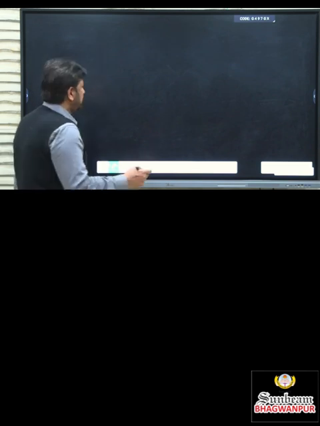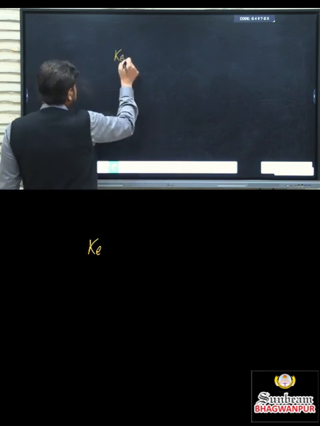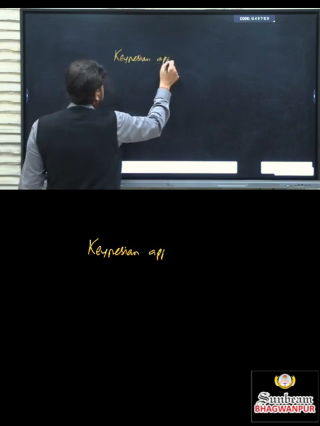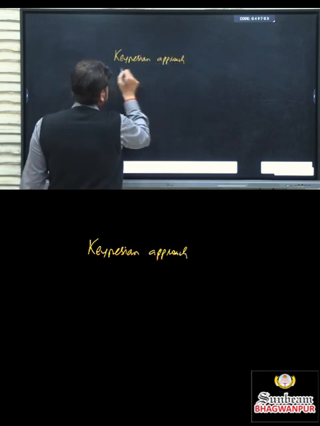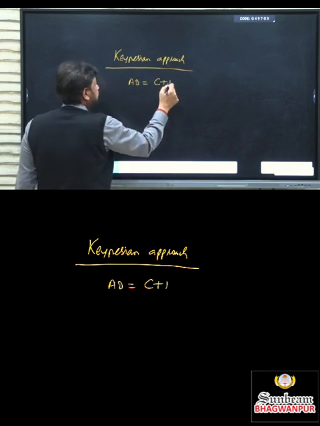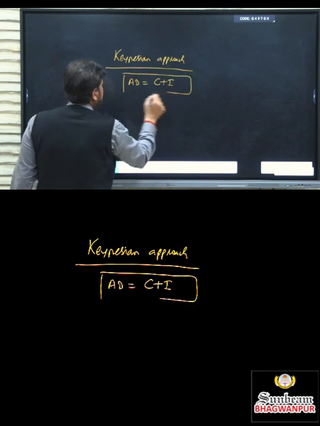Because we are discussing the Keynesian approach, in the Keynesian approach AD has been taken as the sum of consumption and investment.